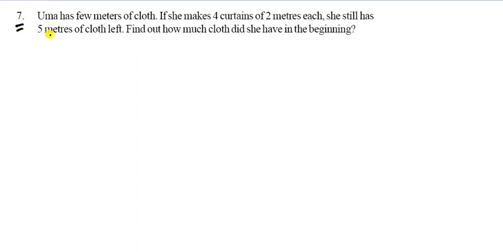Now the seventh question. Uma has a few meters of cloth. If she makes 4 curtains of 2 meters each, she still has 5 meters of the cloth. Find out how much cloth she had in the beginning.